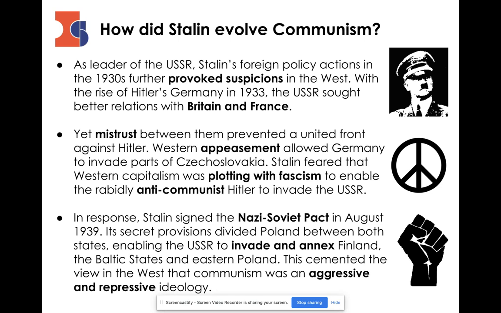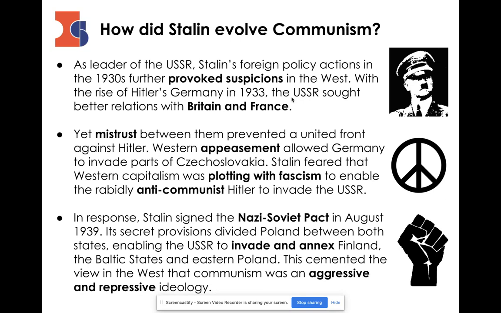But also, things developed in the 1930s which drove some of those powers apart. Soviet foreign policy in the 1930s provoked suspicion in the West. It seems like communism wants to destroy us, and if you look at the actions the Soviet Union took, it seemed true.